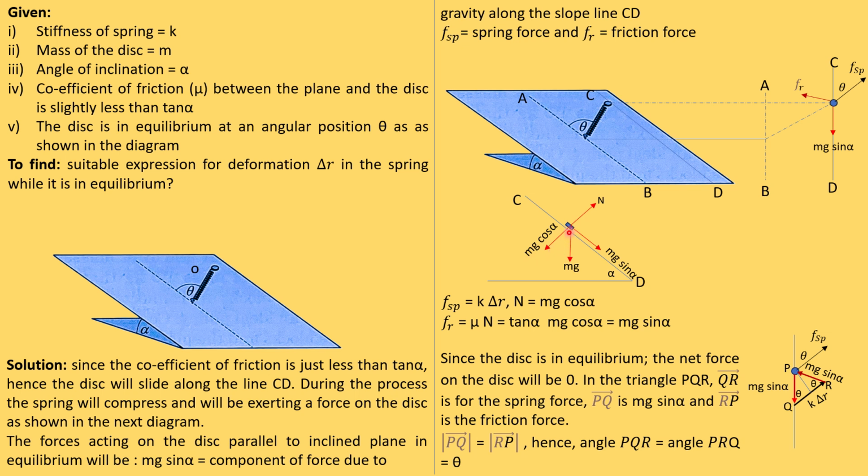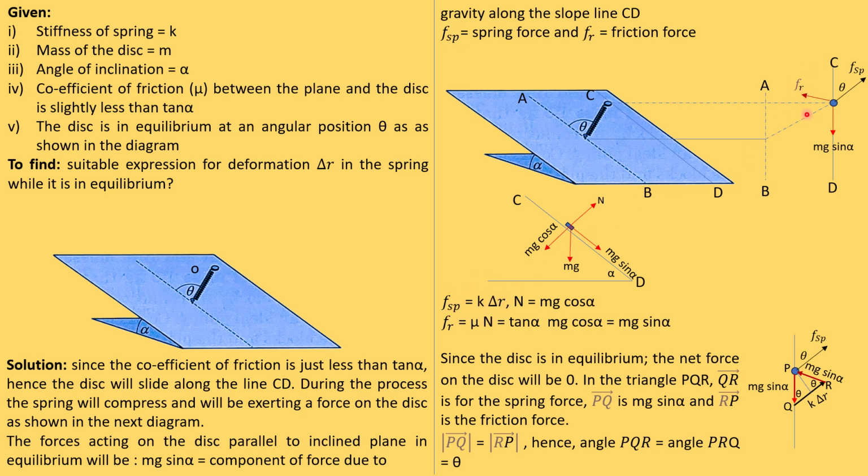The plane exerts a force perpendicular to it on the disk, which is N. There is no acceleration in this direction, which means the net force in this direction is 0. So N will be mg cos alpha. We have assumed delta R compression in the spring, so K delta R will be the spring force.